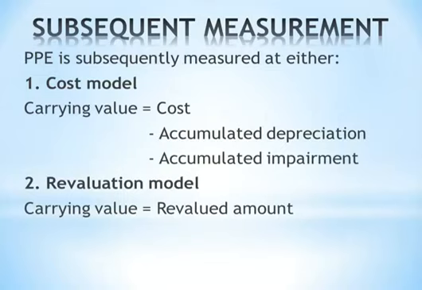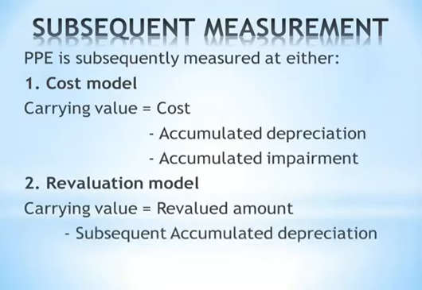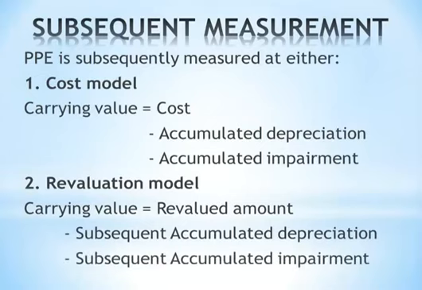That's in the case whereby an asset is being revalued at the end or from time to time. So you pick the revalued amount, then you less subsequent accumulated depreciation, the keyword here is subsequent, and then you less subsequent accumulated impairment. Now someone asks, what's the difference between the accumulated depreciation and the subsequent accumulated depreciation?